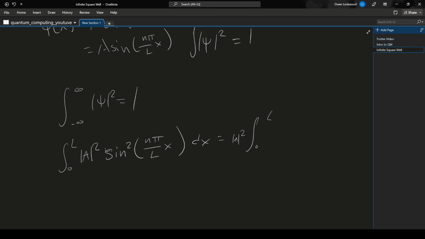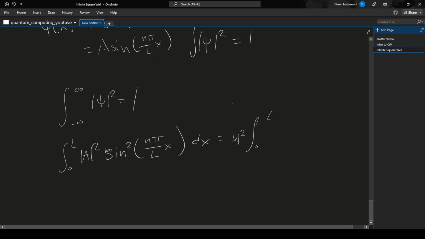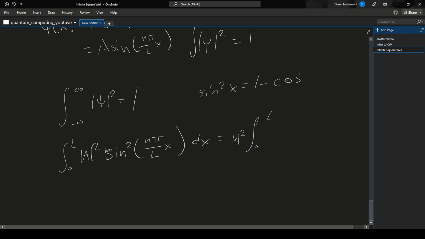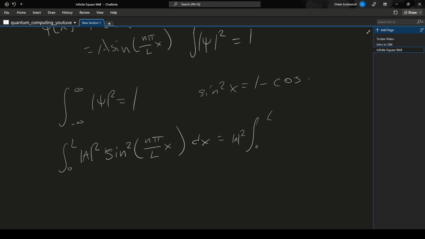And we can now do a handy trick. Those of you familiar with trig will know your identities. I, of course, do not have them memorized, but sine squared of x is equal to 1/2 times 1 minus cosine of 2x.